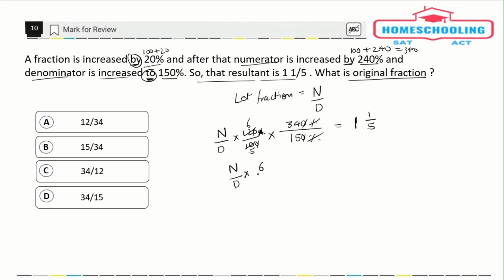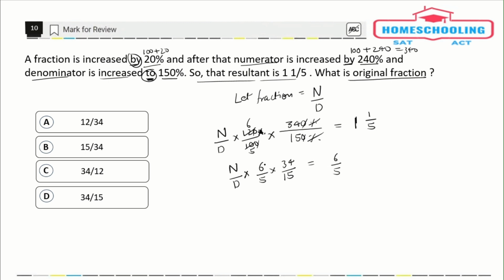So we can say 6 by 5 into 34 divided by 15. And 1 by 5 would be 5 plus 1, that would be 6 by 5.